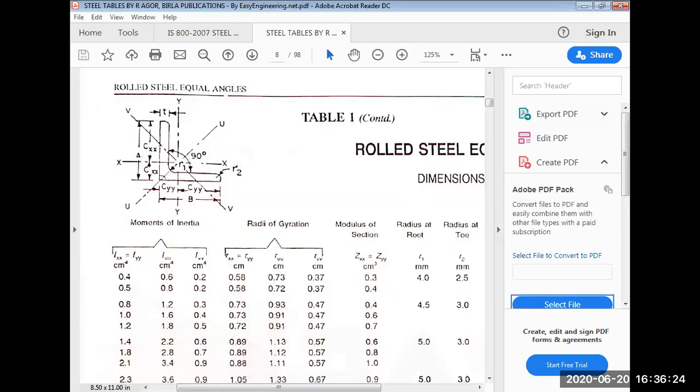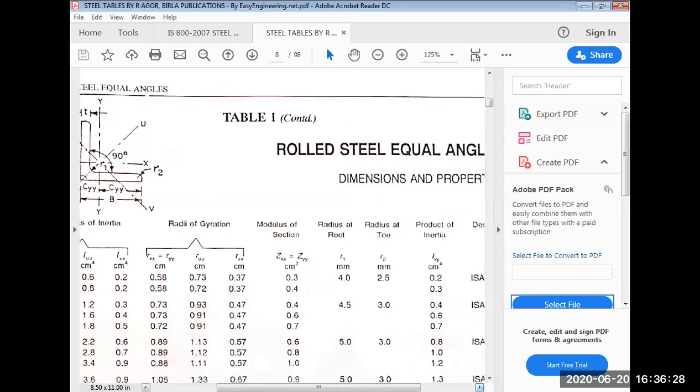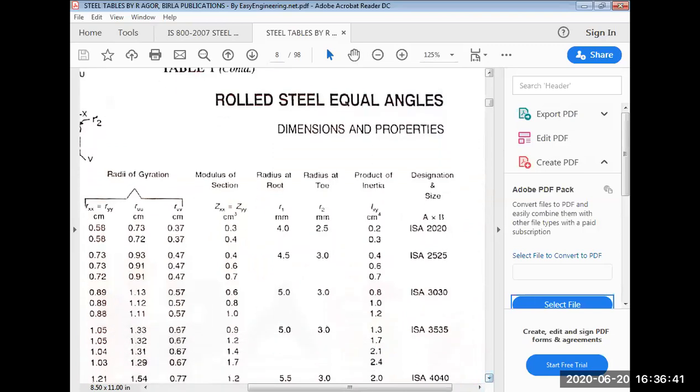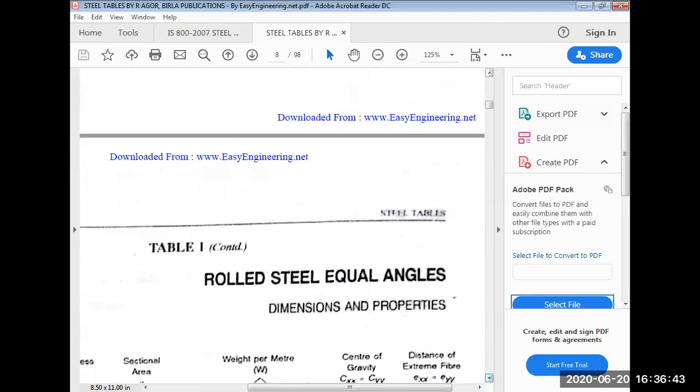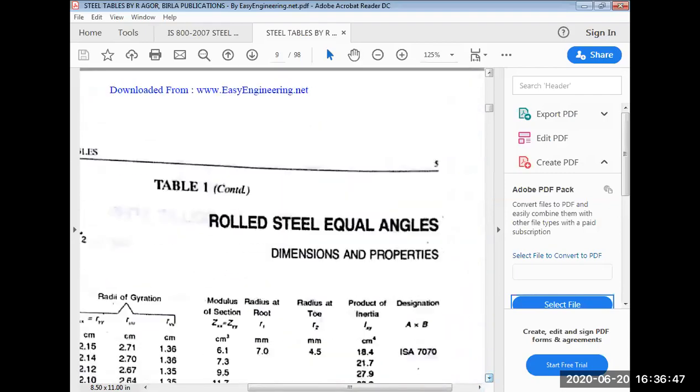So all these parameters of the particular sections are given in this steel table. And here again at the last also ISA 2020 is given. So similarly, you can see here equal angle, after that unequal angle.